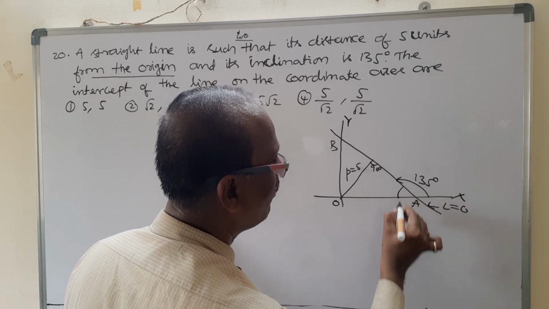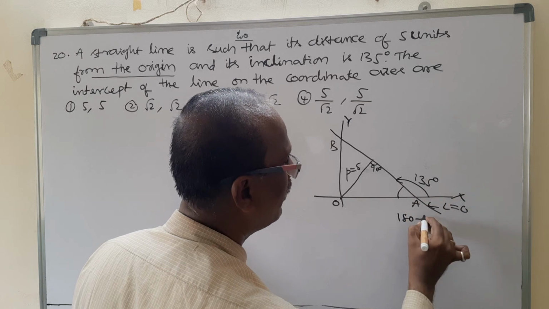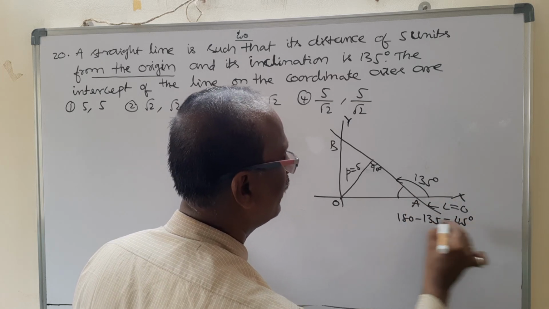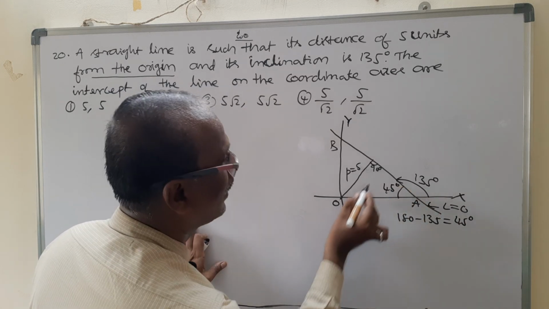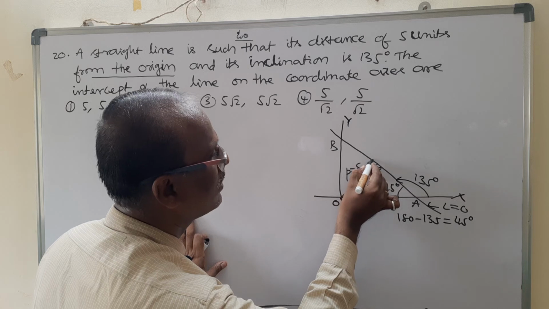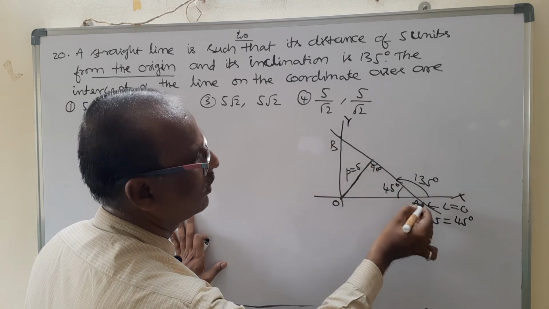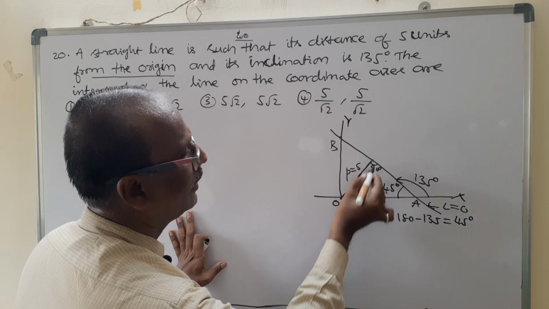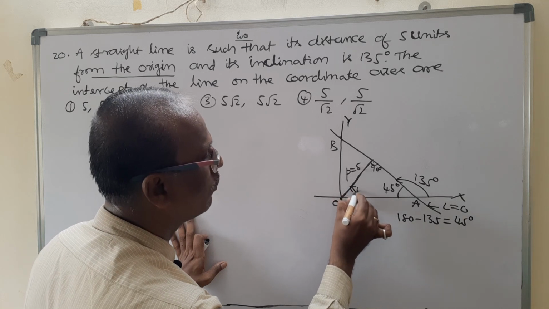So 180 minus 135 is 45 degrees. This angle is 45 degrees. Then this is 90 degrees, the normal line, since the distance line is always perpendicular to the line L equal to 0. In the triangle, the sum of angles is 180, so this angle is also 45 degrees.